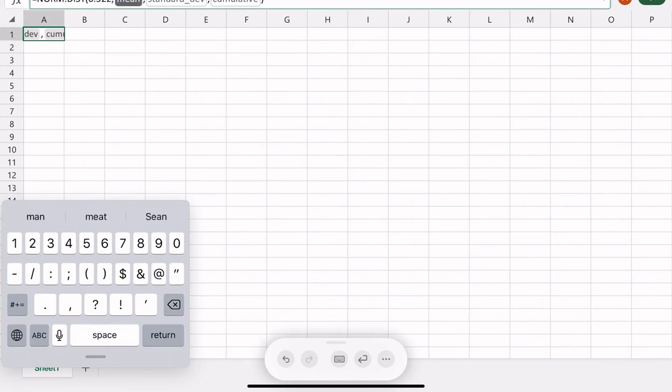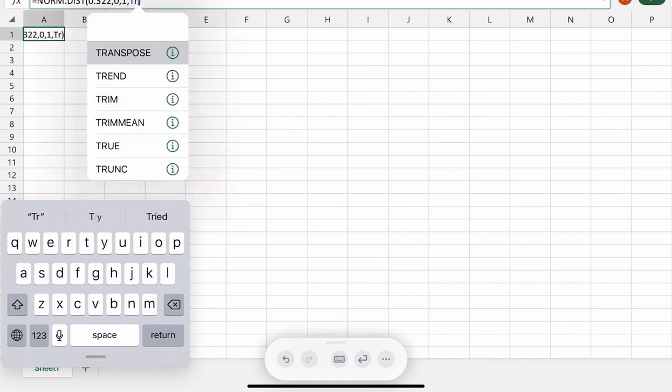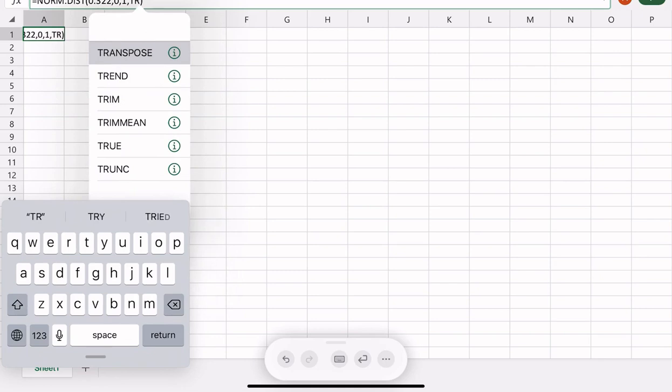And we're looking at a standard normal distribution, so the mean here has to be 0 and standard deviation has to be 1. And we're looking at cumulative distribution, so the value should be true. That is, we're looking for cumulative distribution.